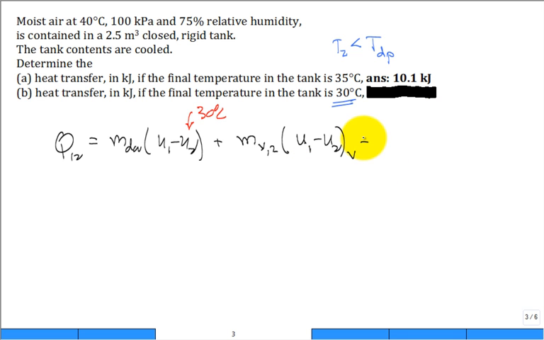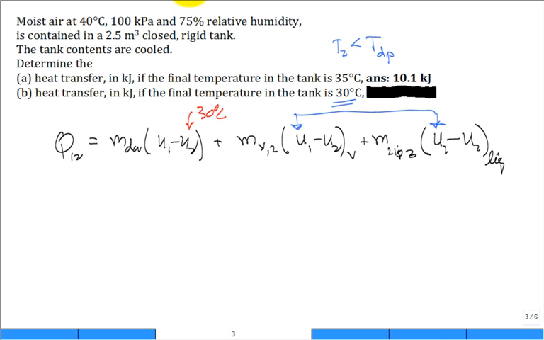Then we're going to have the mass that's in the liquid state at the end of the cooling process, because that started at U1 and it ends at a much different U2 for what eventually is liquid. What it starts with is the same, because everything's vapor. Some of it stays vapor, but some of it ends liquid.